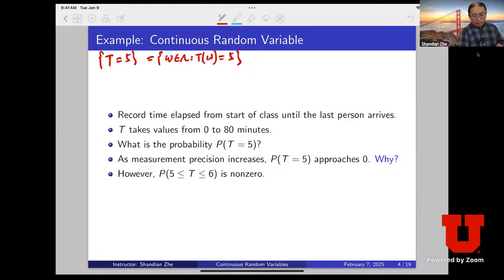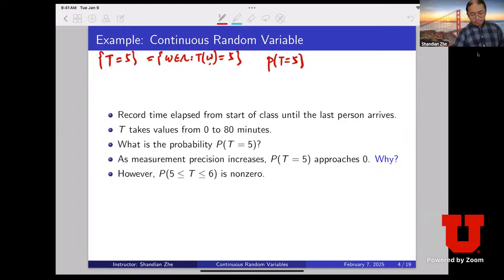This defines the event that includes all the elements in the sample space such that, evaluating at this element, the value of the random variable is 5. So in a discrete random variable, we can always compute the probability of this event. It's typically not 0, typically some number. Does it make sense?